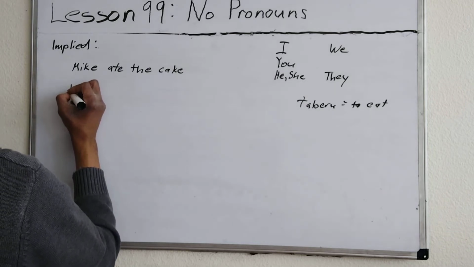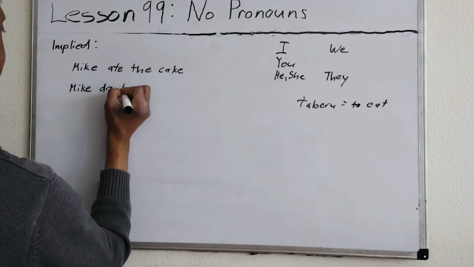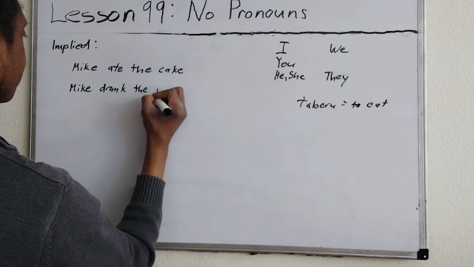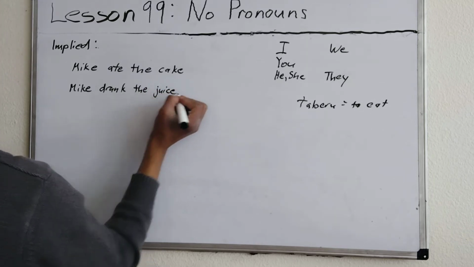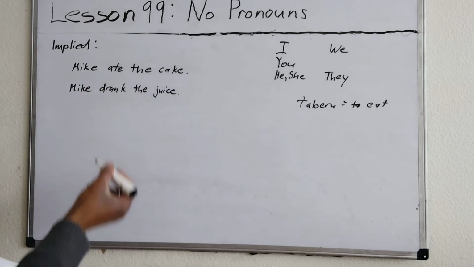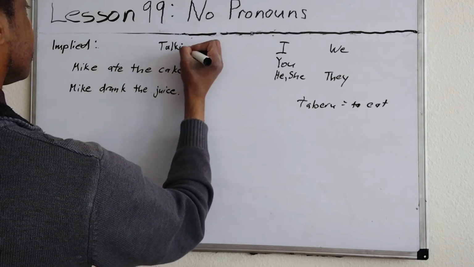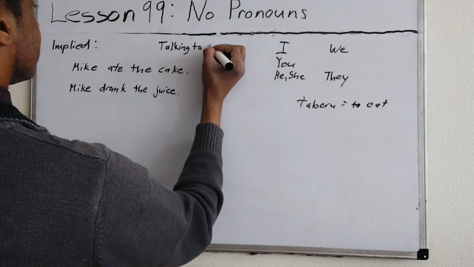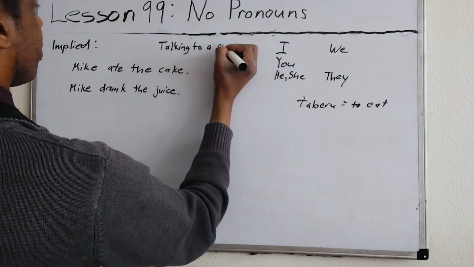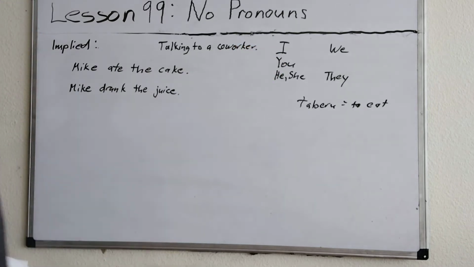Mike drank the juice. First we say Mike ate the cake, then we say Mike drank the juice. We're talking to a friend, or say a coworker. We're talking to a coworker at work, okay? Mike ate the cake. Mike drank the juice.